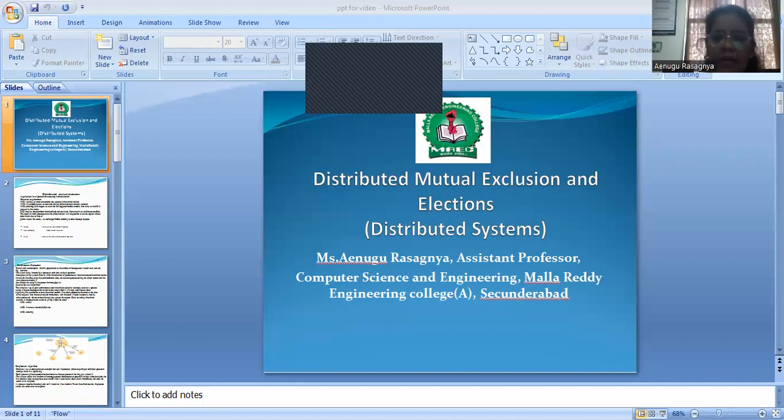It is completely a ring type of concept where the processes are arranged in a ring, and every process has its own process identifier. This is initiated whenever a particular process has crashed, and it should be the coordinator first.